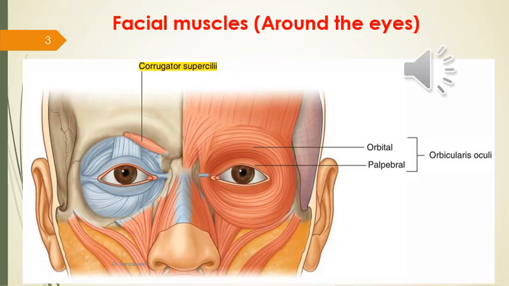The function of these muscles: the function of corrugator supercilii is to produce vertical wrinkles between eyebrow and the forehead, and the function of orbicularis oculi is the movement of eyelids, and it is a slight help for drainage of the lacrimal sac.